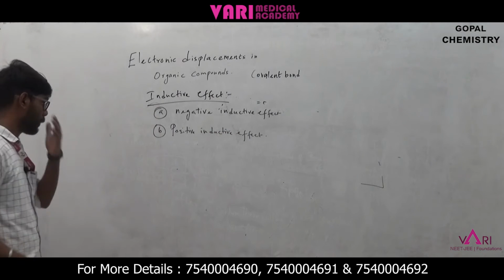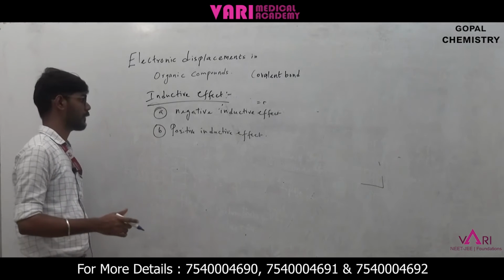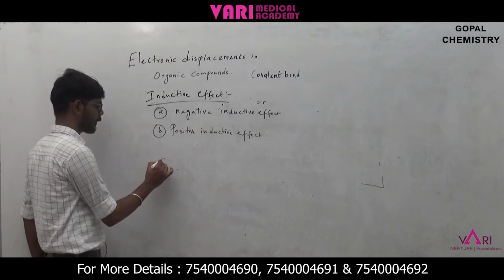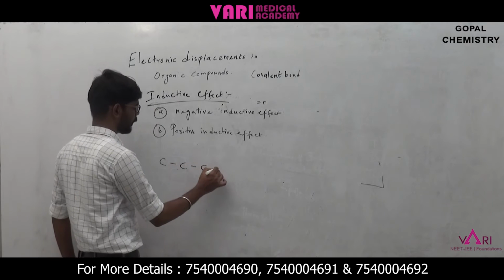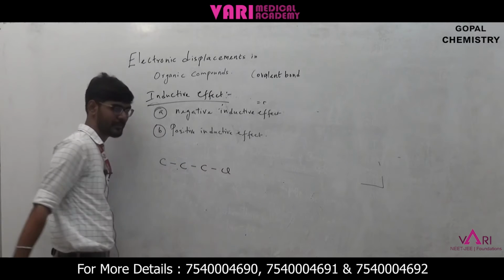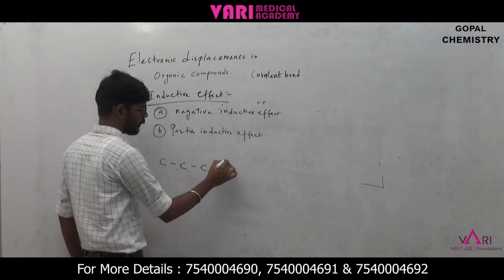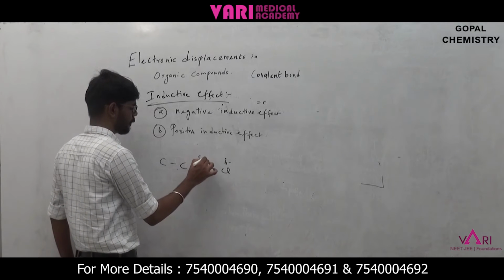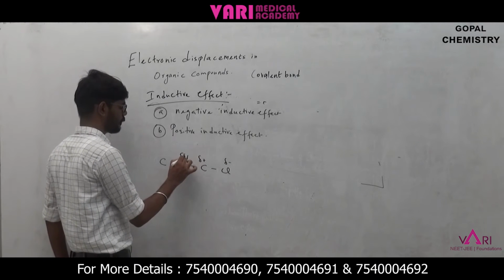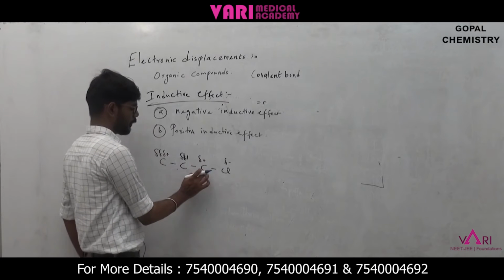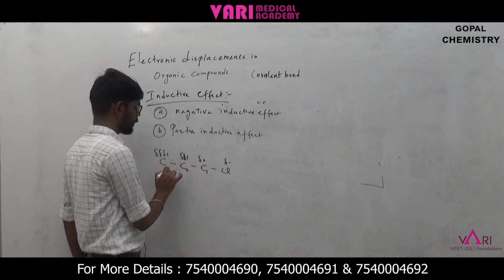The first one is the negative inductive effect, the same concept as we saw before. Here there is a carbon and some X atom, which we assume to be chlorine. It will have a slight negative charge and this carbon will have a positive charge. This is the first carbon, second carbon, third carbon.